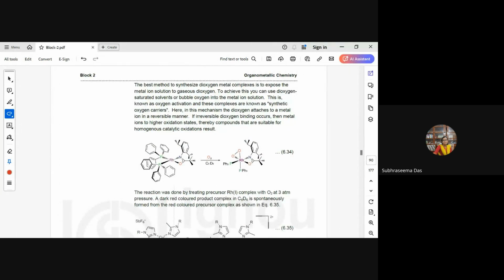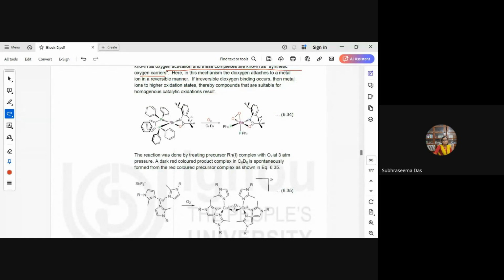The best method to synthesize dioxygen metal complexes is to directly expose the metal ion solution to gaseous O2. To achieve this, we can bubble gaseous oxygen into the metal ion solution. This is known as oxygen activation, and the process is known as synthetic oxygen carriers. In this process, the dioxygen attaches to the metal in a reversible manner.